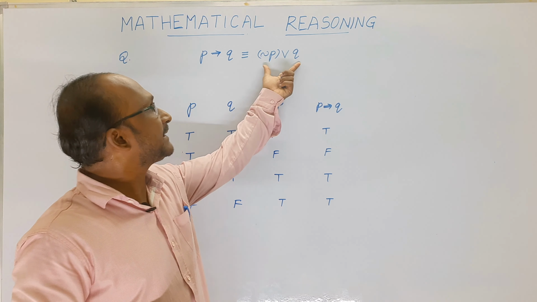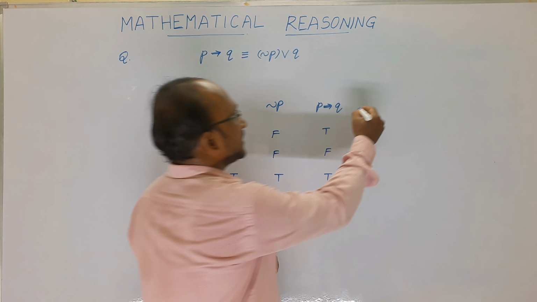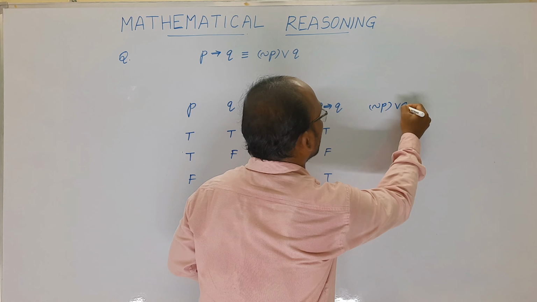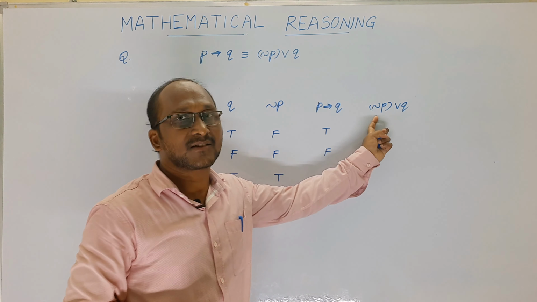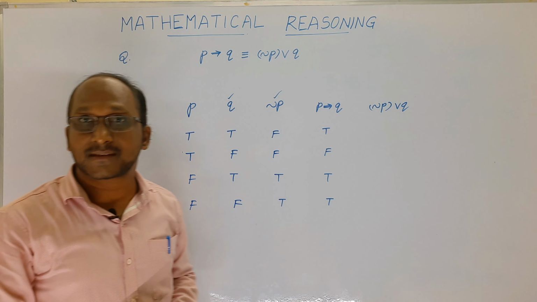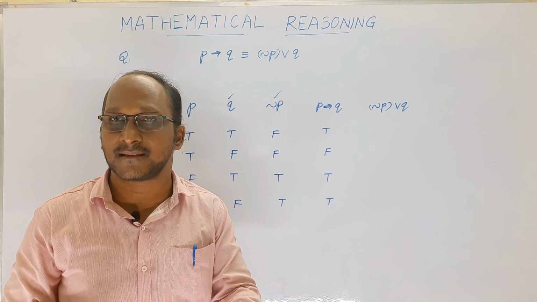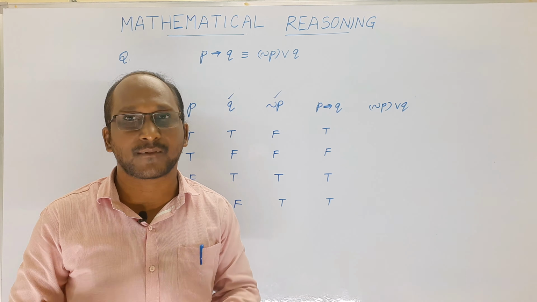After that, let us find the truth values of this compound statement negation P or Q. Now we have to find the disjunction of the statements negation P and Q. But we know that disjunction of two statements is false in only one condition, that is when both statements are false.